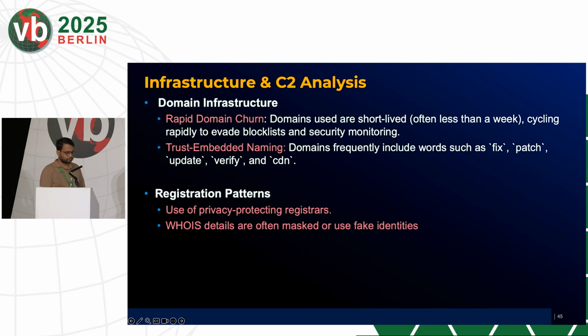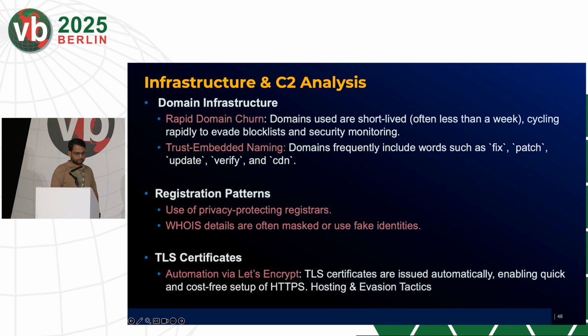Registration pattern: they use privacy-protecting registrars, and the whois details are often masked or use fake identities. TLS certification is automated via Let's Encrypt, enabling quick and cost-free HTTPS setup, mimicking legitimate tactics.